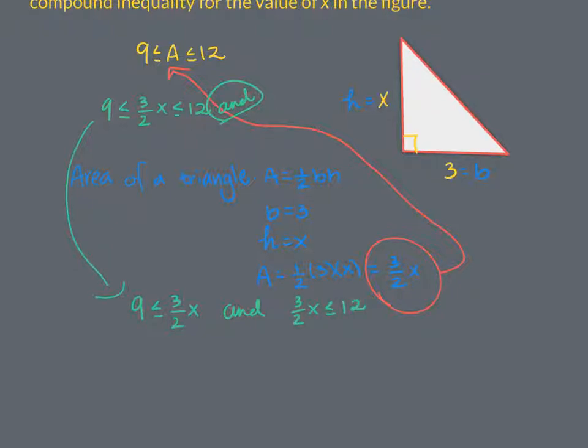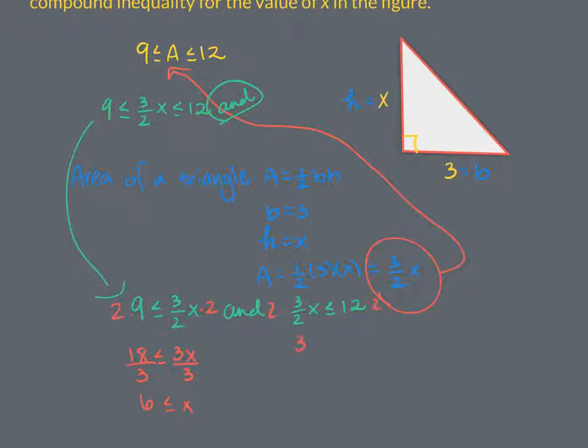I'm going to start with the inequality on the left, and I'm going to solve. So I'm going to multiply both sides by 2. I get 18 less than or equal to 3x. I'm going to divide both sides by 3, so I get x greater than or equal to 6. And then I'm going to go to the statement on the right, and I'm going to again multiply both sides by 2.